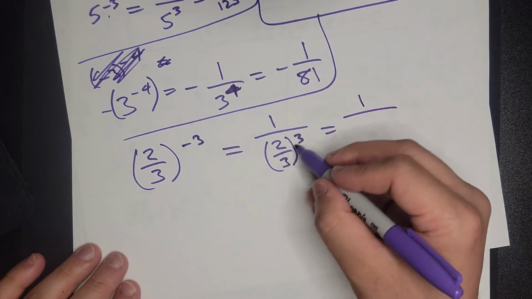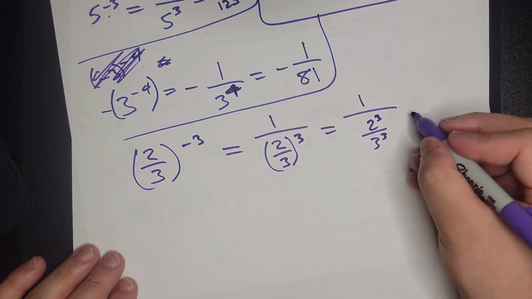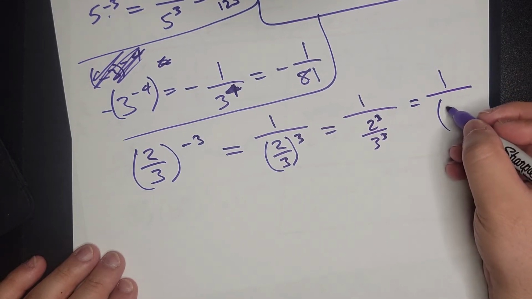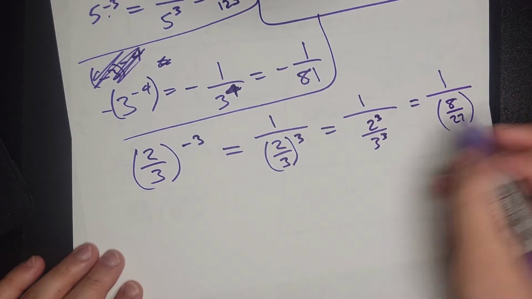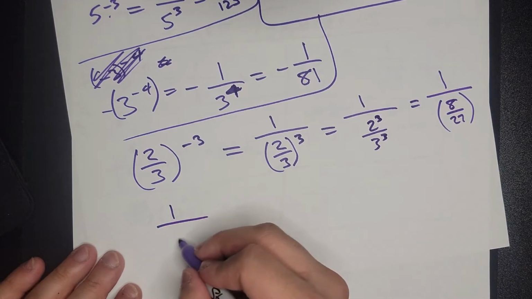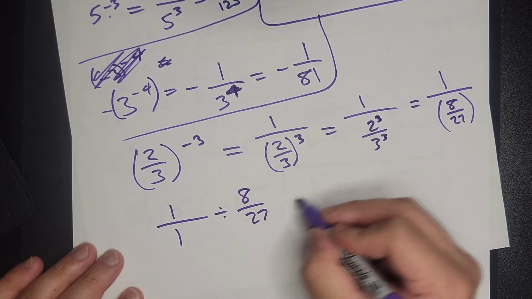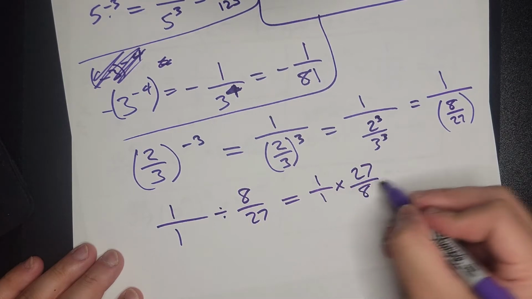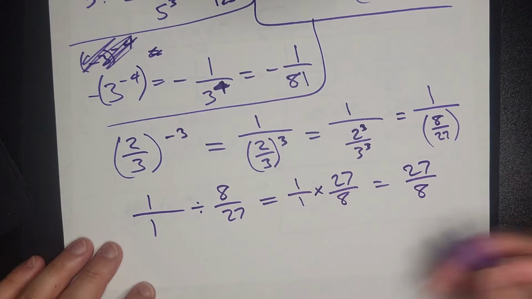So this will go into here. 2 times 2 times 2 is 8 over, and then when you flip that fraction, because that's the base, this is the logic here. If you were to write out every step.